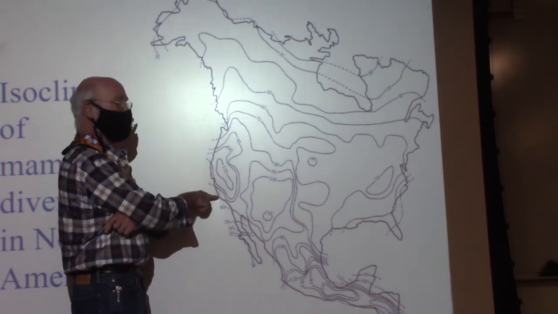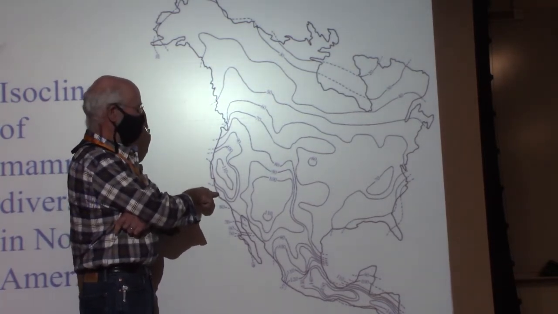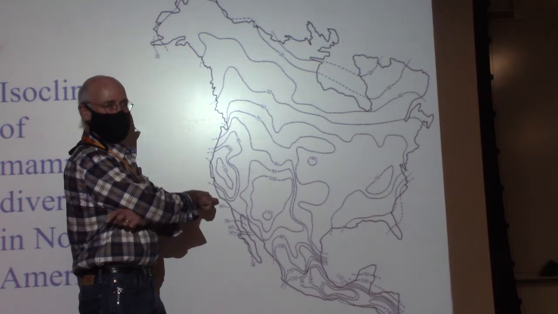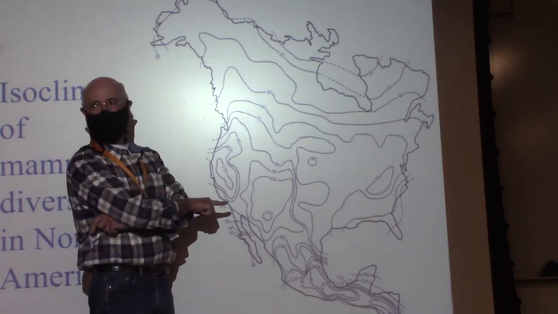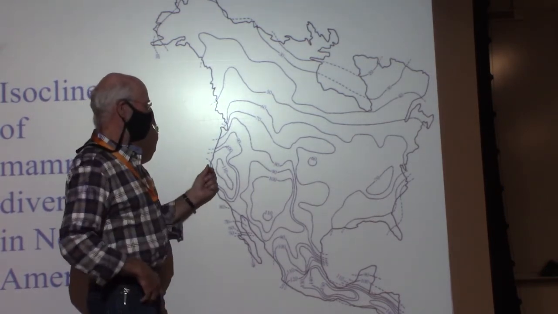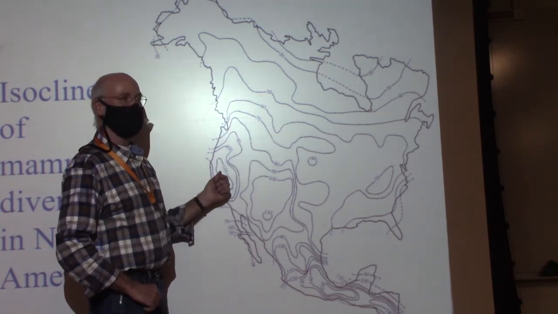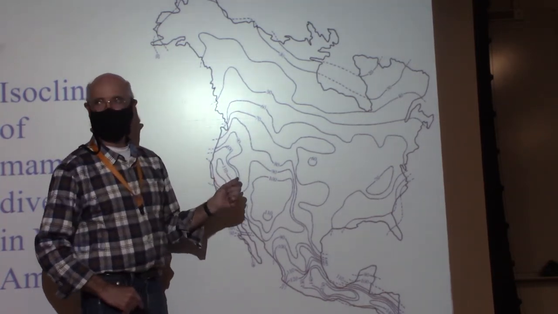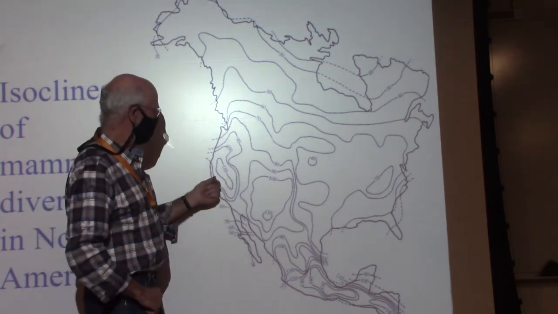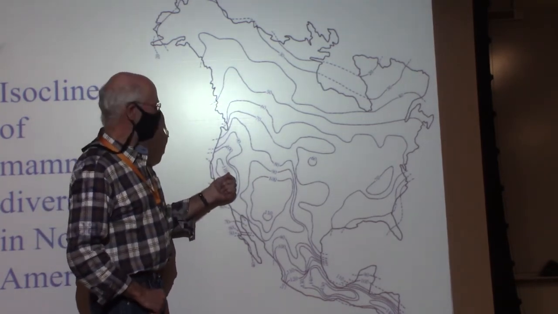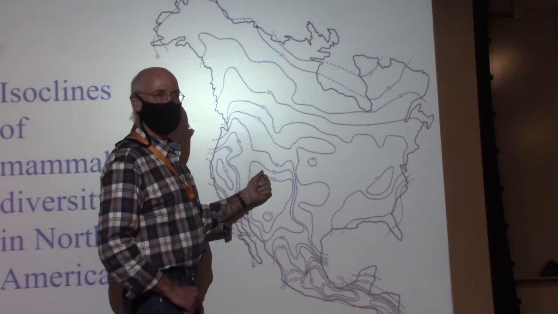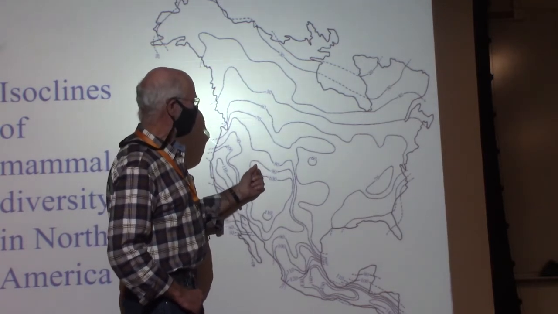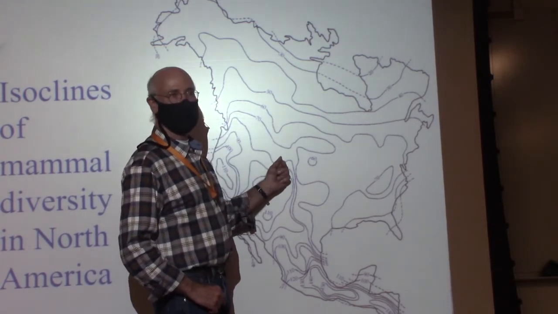So there's California. What's the first thing you hit coming off the beach in California? You end up in the coastal range. And what comes after the coastal range? The Sierra Nevadas. So the Sierra Nevada mountains. And then you come into the Great Basin. And what happens after you come out of the Great Basin?